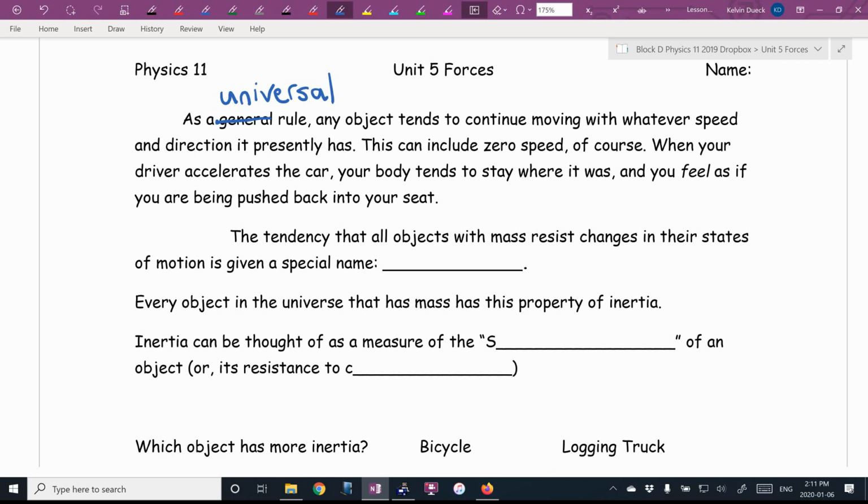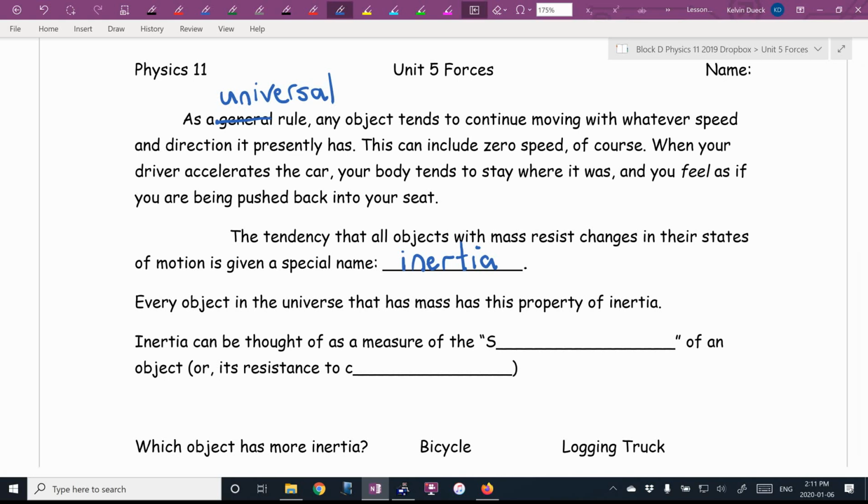This tendency that all objects with mass possess, that they resist changes in their states of motion, is given a special name. We call this tendency to resist a change in motion state inertia. And the more mass an object has, the more inertia it has, the bigger a force you're going to have to apply to get it to change its motion state.